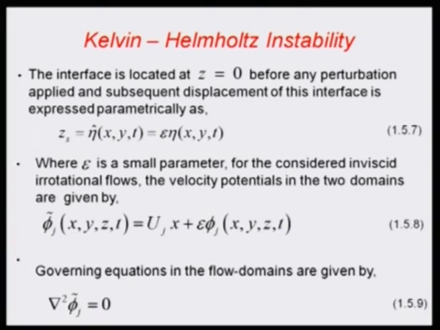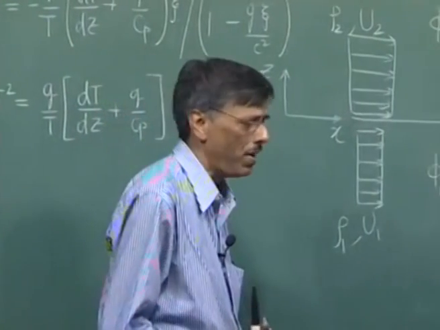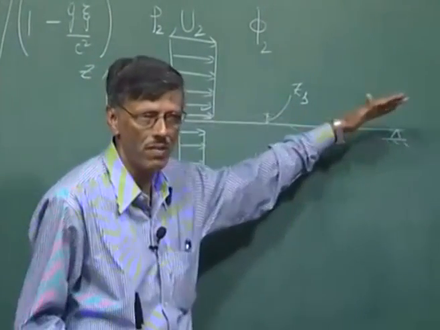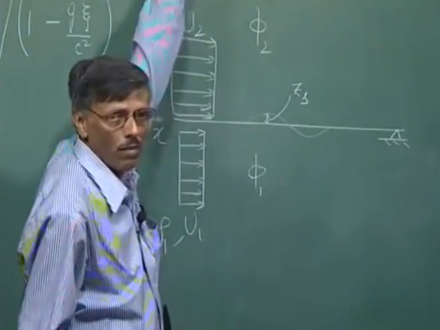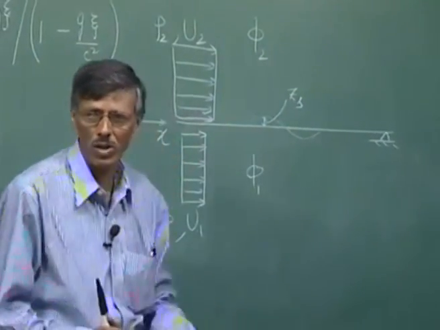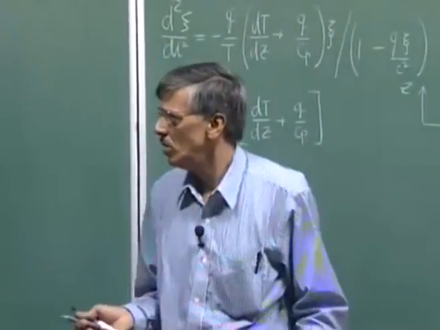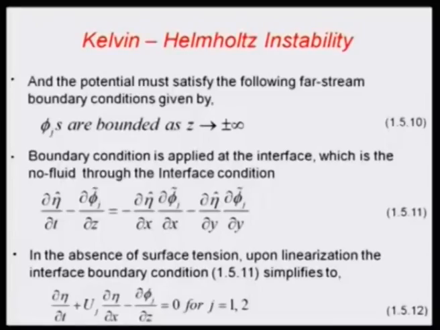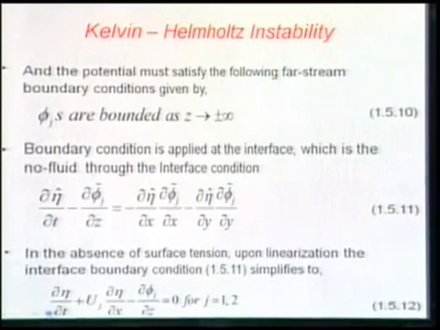Okay. So, let us now go ahead and see what we can do. Now, if I want to solve the governing differential equation that we have just now seen, we need the boundary condition. Well, what are the boundary segments here? One segment of the boundary is the interface, and another segment of the boundary is infinitely above and infinitely below, because we are talking about the unbounded flow separated by that interface. So, z can go to plus infinity on top and minus infinity on bottom.